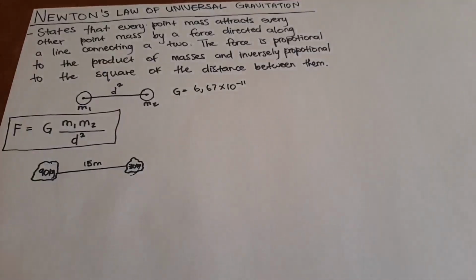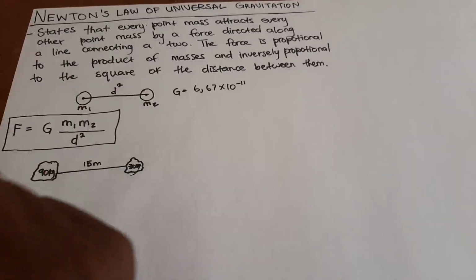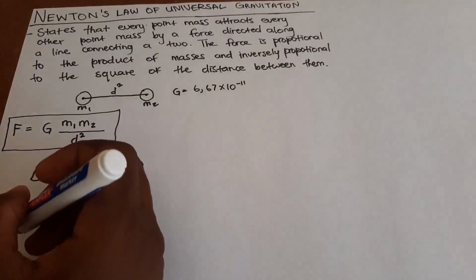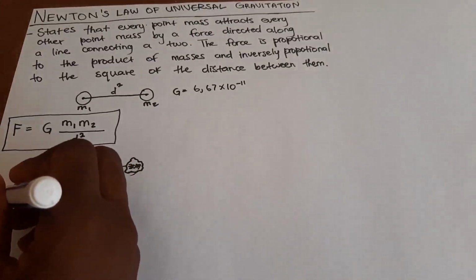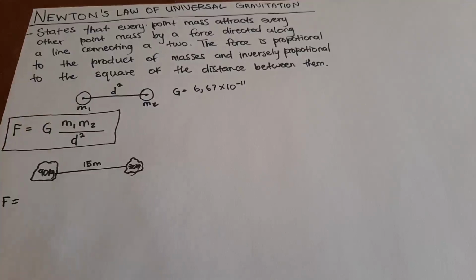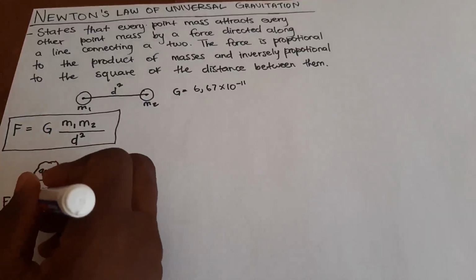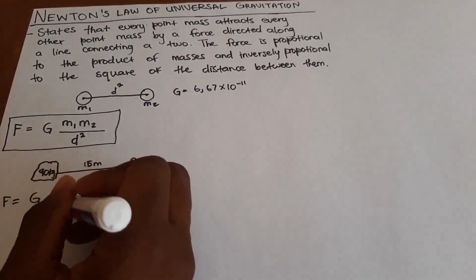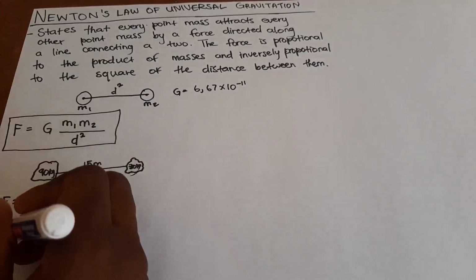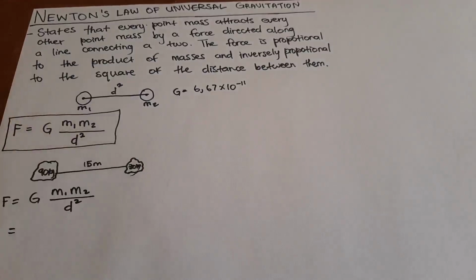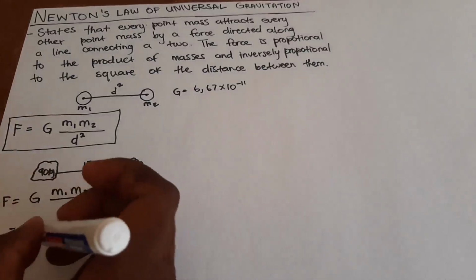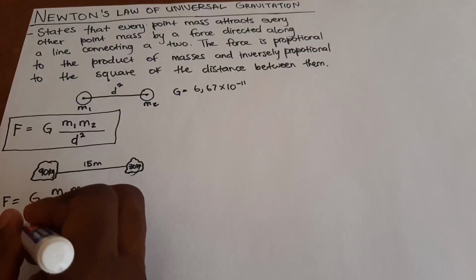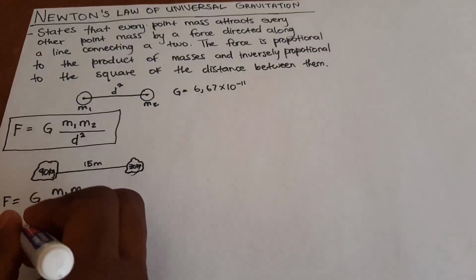Right, so let's use our formula to determine the force of attraction. You know that F is equal to the gravitational constant times mass 1 multiplied by mass 2 over d squared. So this will be equal to what? What's the gravitational constant?